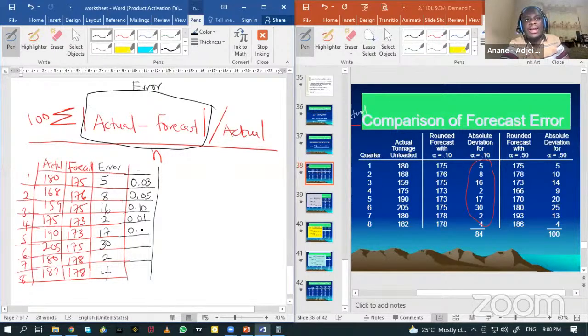17 divided by 190. 0.9. 30 divided by 205. 2 divided by 180.